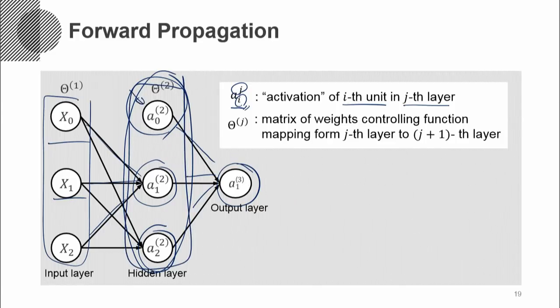So in this case it is placed in the second layer, starting from the input layer, and the node index is 0, 1, 2, which uses a zero-based index. And then this capital Theta^(j) is the matrix of weights controlling this function of mapping the input to the output vector.